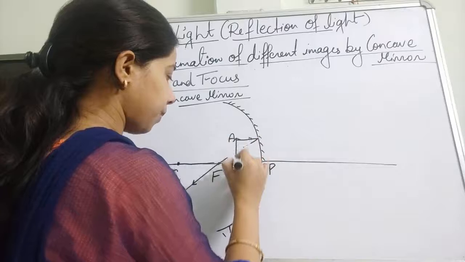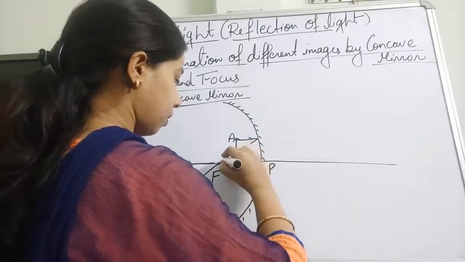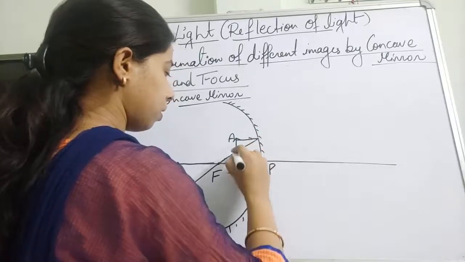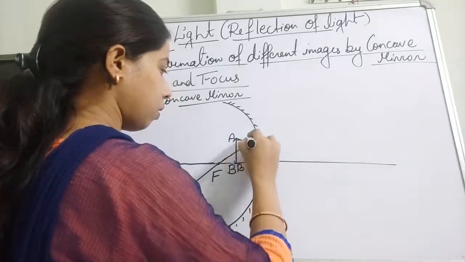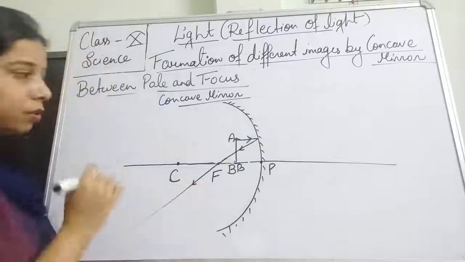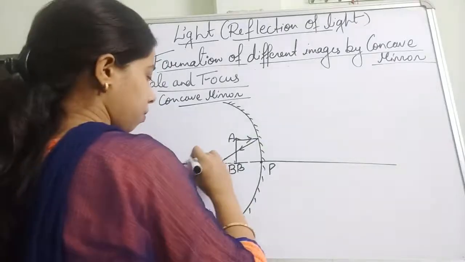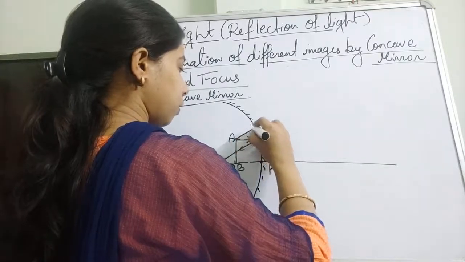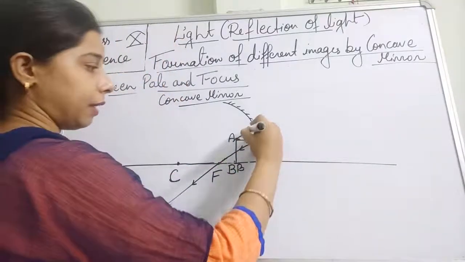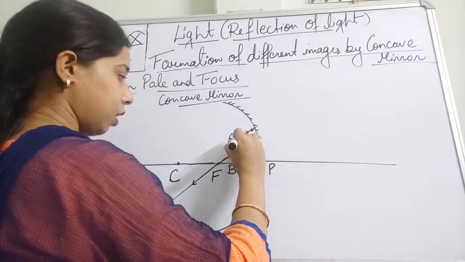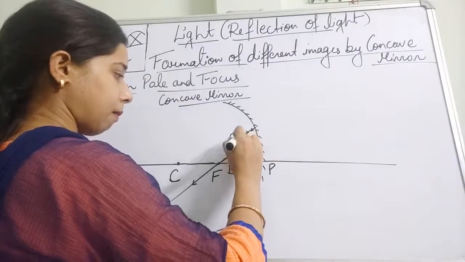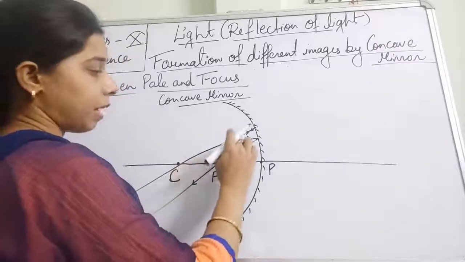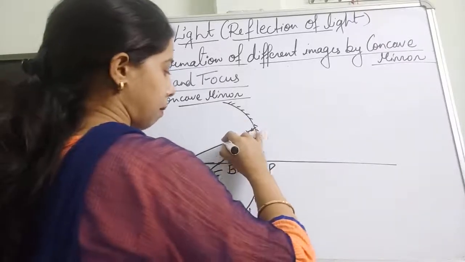This is A and this is B. This is the ray of light which after reflection passes through the center of curvature. Now, a ray of light from this reaches the mirror and gets reflected back.